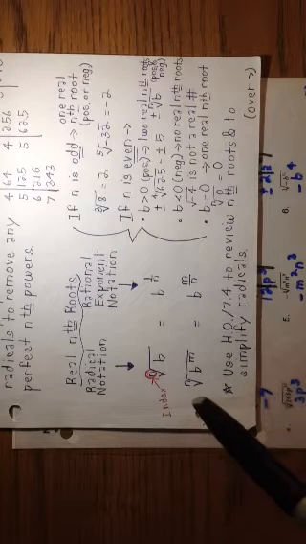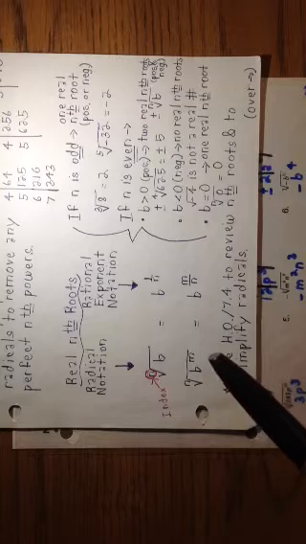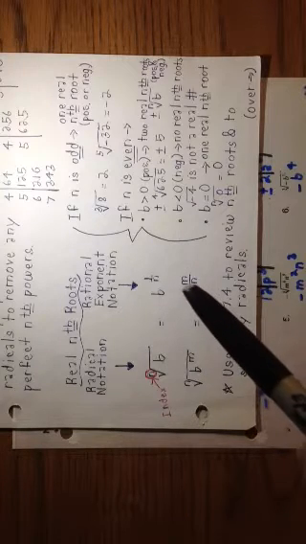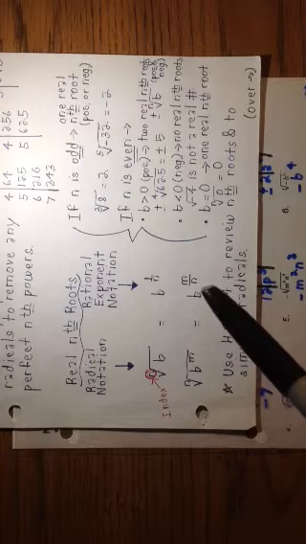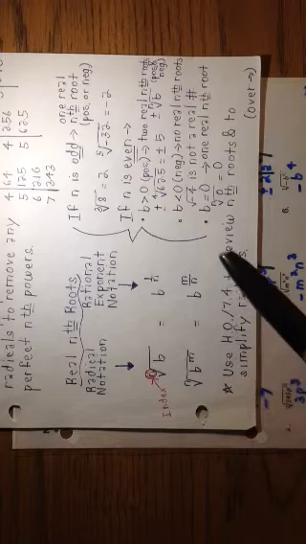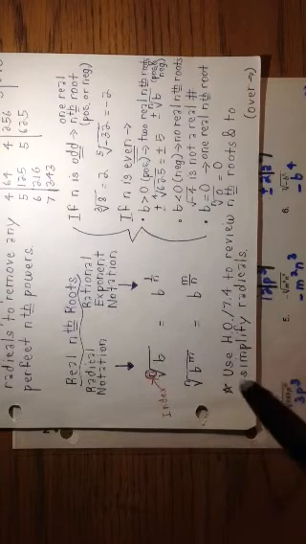For instance, the cube root of x to the 6th would be x to the 6 over 3, and since 6 divided by 3 is 2, that would become x squared. That's what we mean when we see these notations.